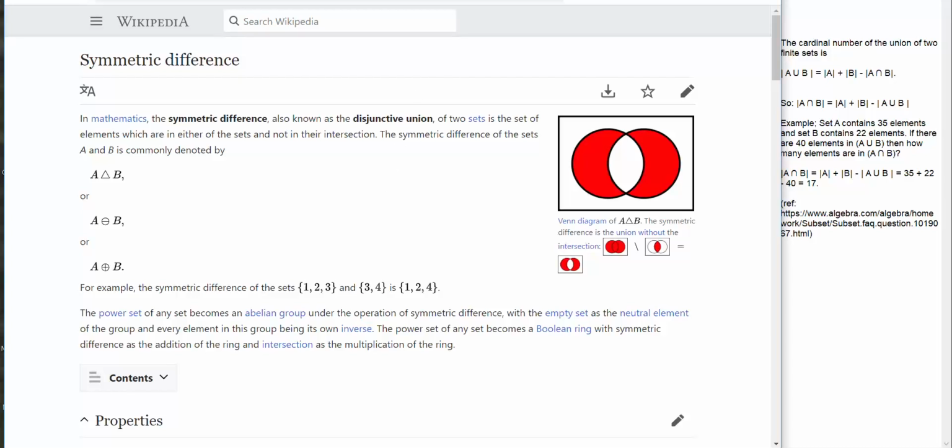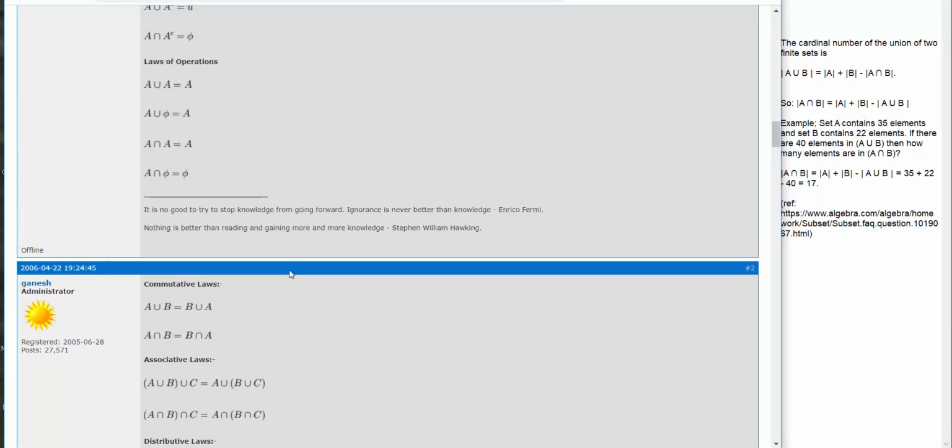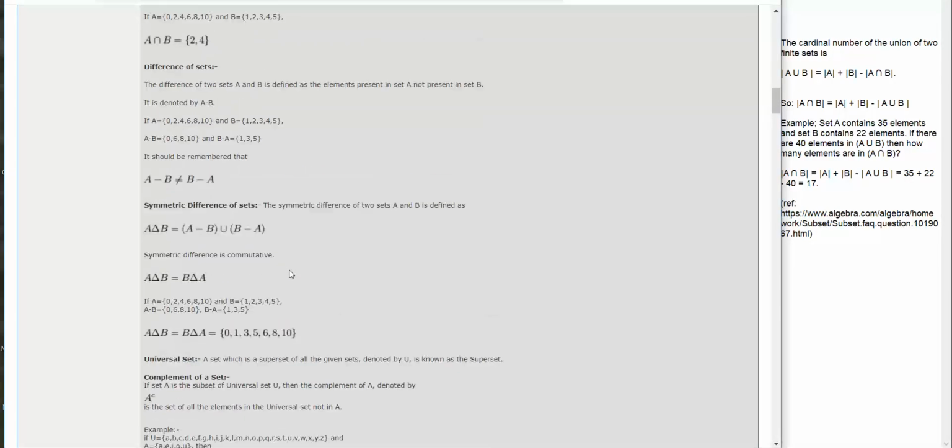Interesting. Let's see what the summary has. So for the symmetric difference, which is a rectangle symbol, it's A minus B union B minus A. So why not just have A union B and then subtract the intersection? Why not do that?